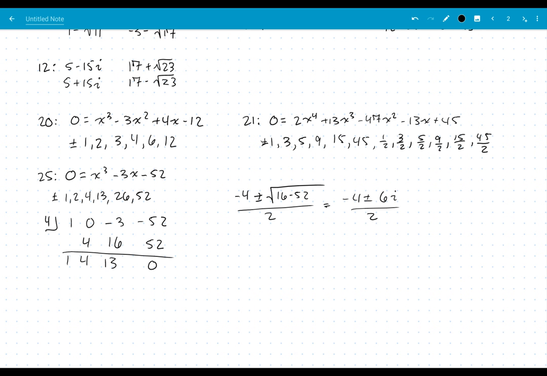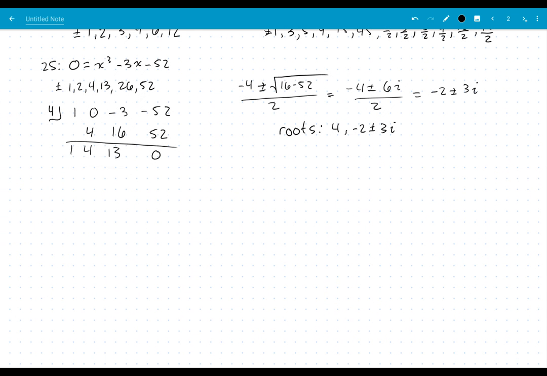And then we divide the numerator by the denominator, and we get -2 plus or minus 3i. So our roots are 4 and -2 plus or minus 3i. And we're done with that one. Then we have number 27.